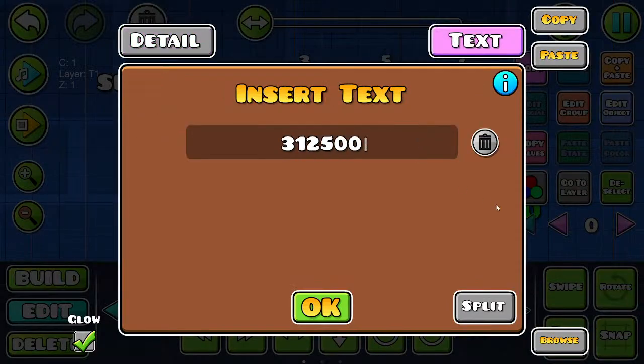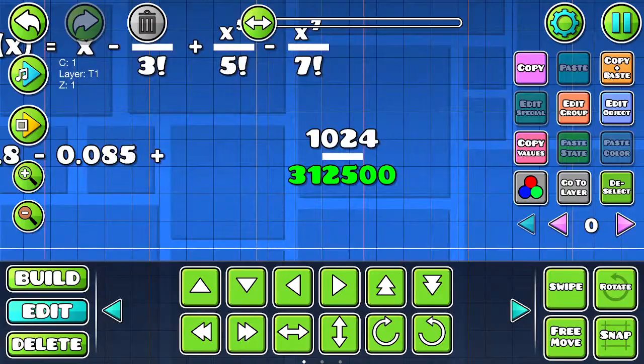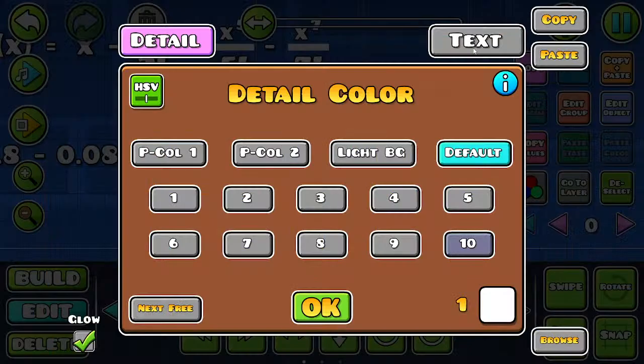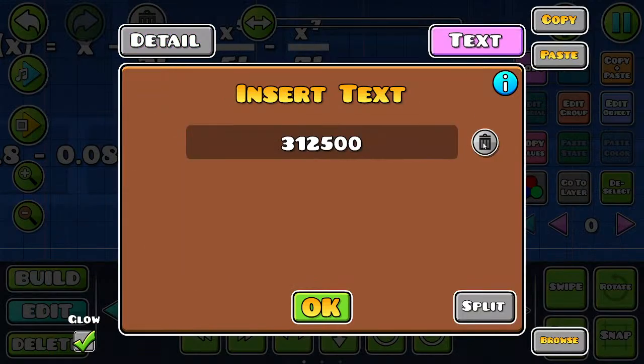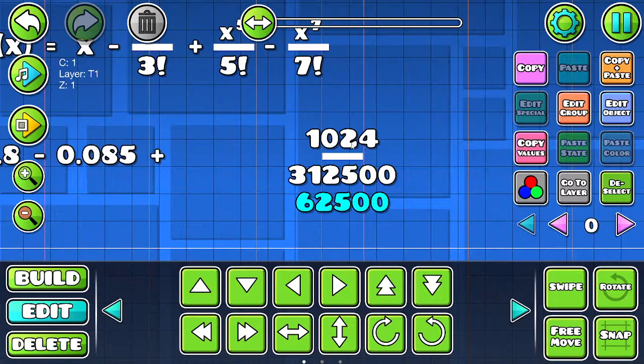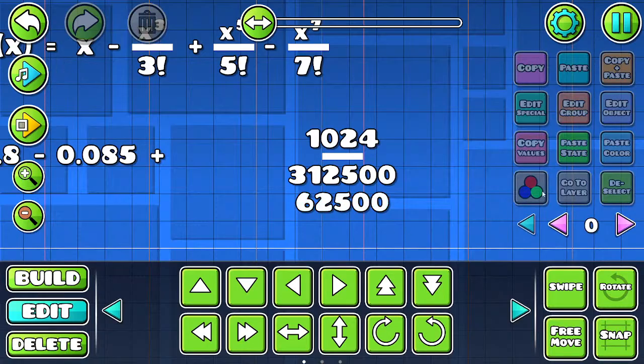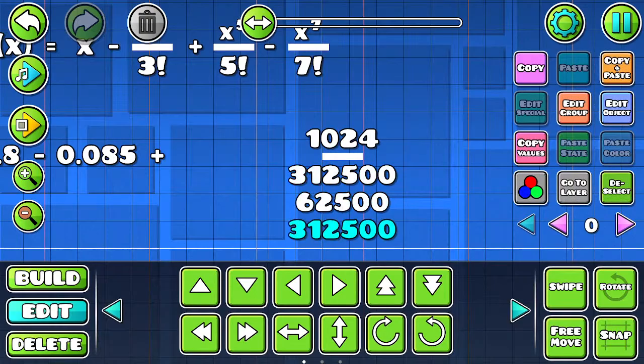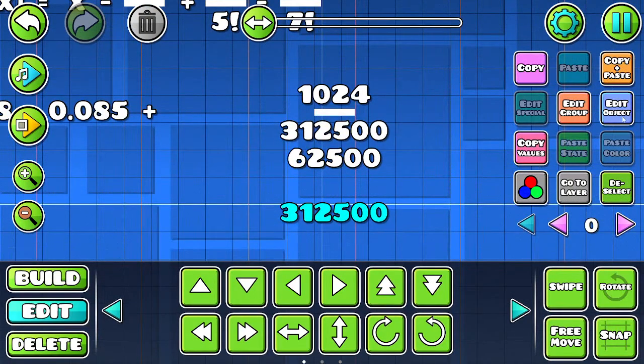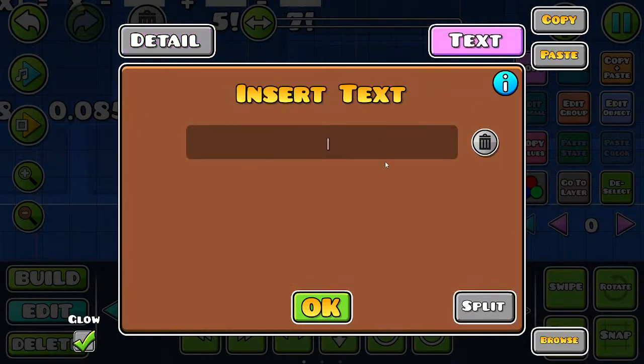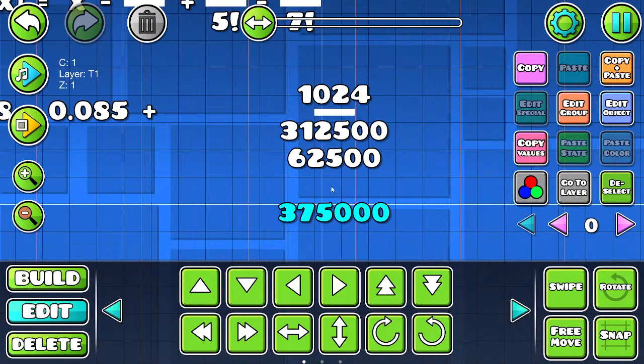So I'm going to multiply this by 100, and then increase it 20%. I have to add 20%. I don't know what 3125 times 2 is, 6250 probably. I have to add those numbers up. Okay. It is equal to 3750, 375000.